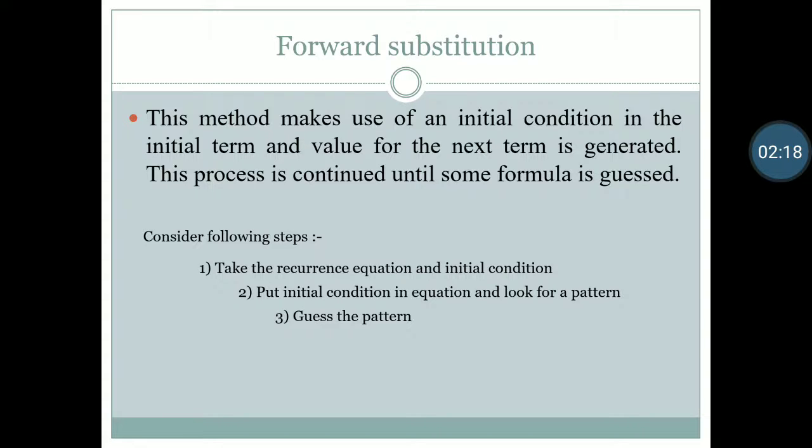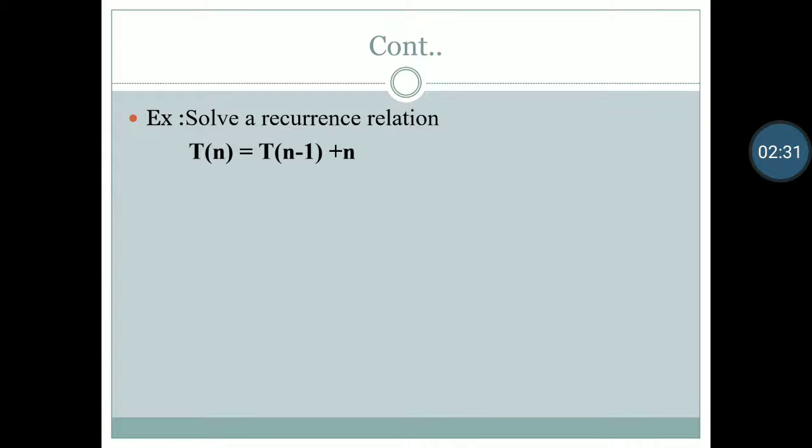So let's take an example and understand the forward substitution method for solving a recurrence relation. We have to solve the recurrence relation T(n) = T(n-1) + n.